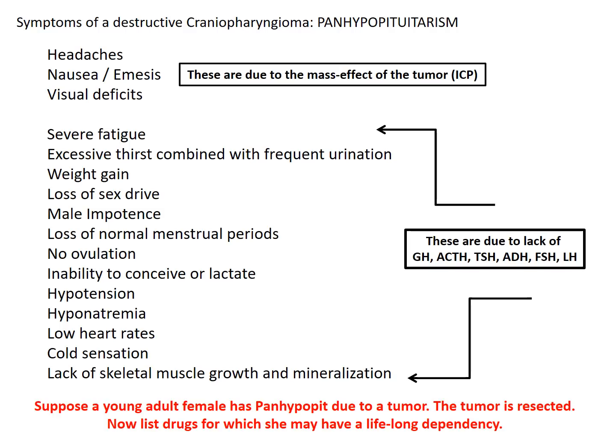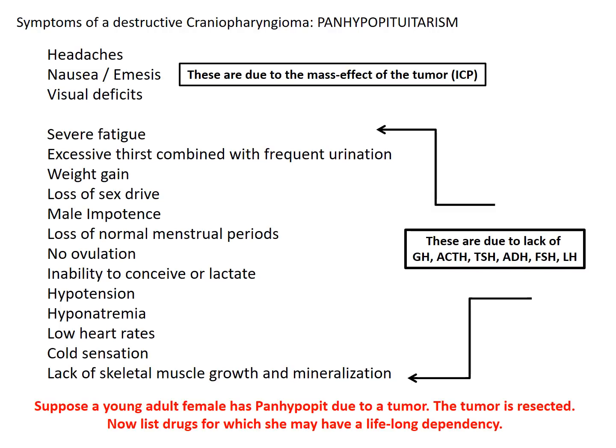And then once you see an individual who has panhypopituitarism, you know that they're going to be dependent on hormone supplements. So let's think about this for a second. Let's say, suppose we had a young adult female who became pan-hypopituitary due to a destructive tumor.